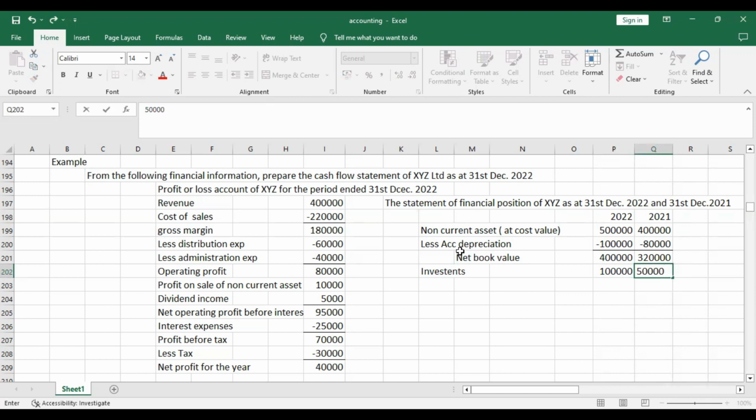Then total non-current assets. Are you clear?